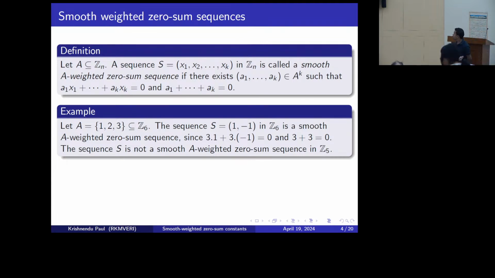But if we consider the same sequence in Z5, it is not smooth. It becomes zero sum with the pairs (1, 1), (2, 2) or (3, 3), but it is not smooth, as the sum of the weights is not 0 in Z5, since it is even.